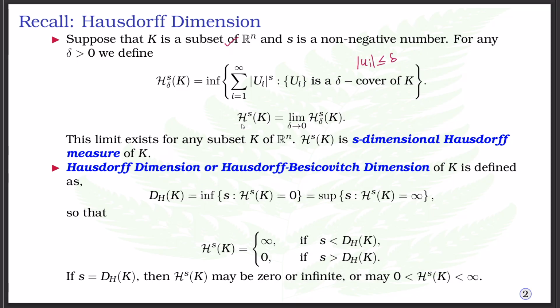So this is always existing for any subset K of R power n, neither infinity nor 0.